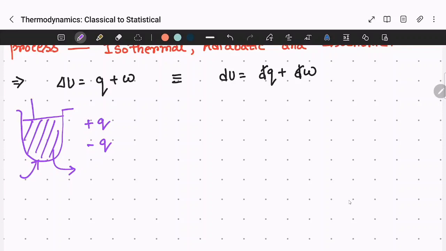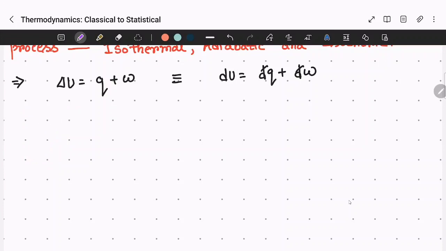Similarly, if work is done on the system, then the work is positive because the system is getting the work. But if the system is doing the work, then it is negative. So it's totally from the system's point of view. Okay, so in that way we can understand. So now this is d cross Q plus d cross W.